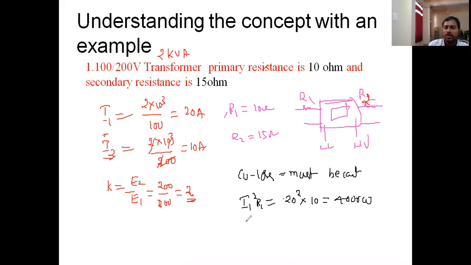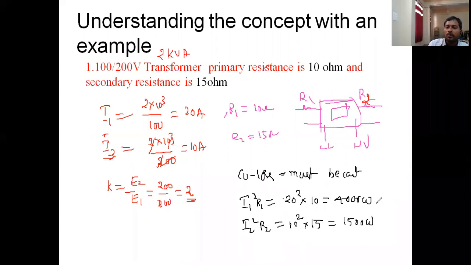The secondary copper losses are I2 square R2, which is 10 amps squared into 15, which is 100 into 15, that is 1500 watts.